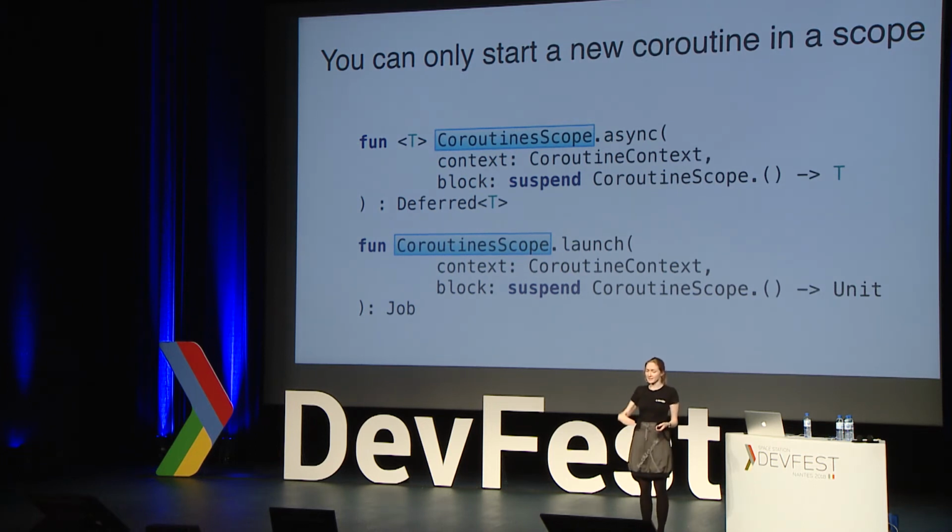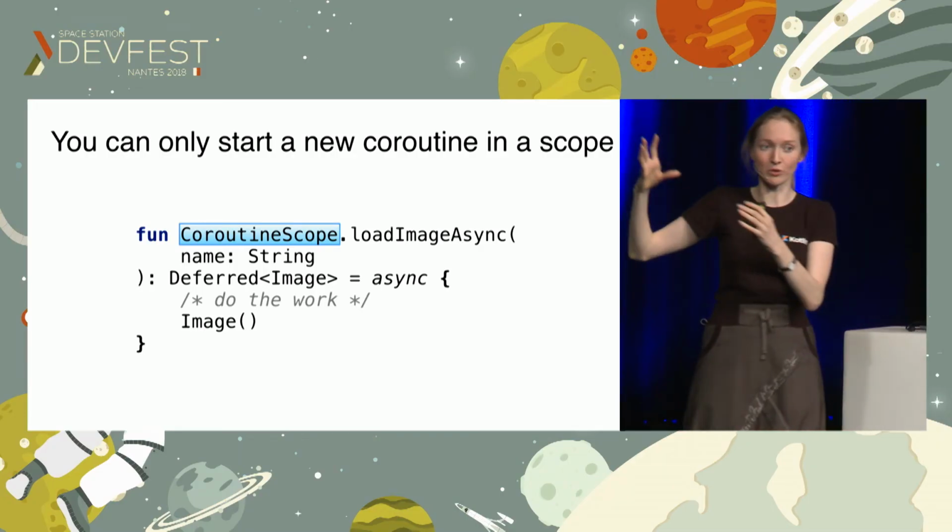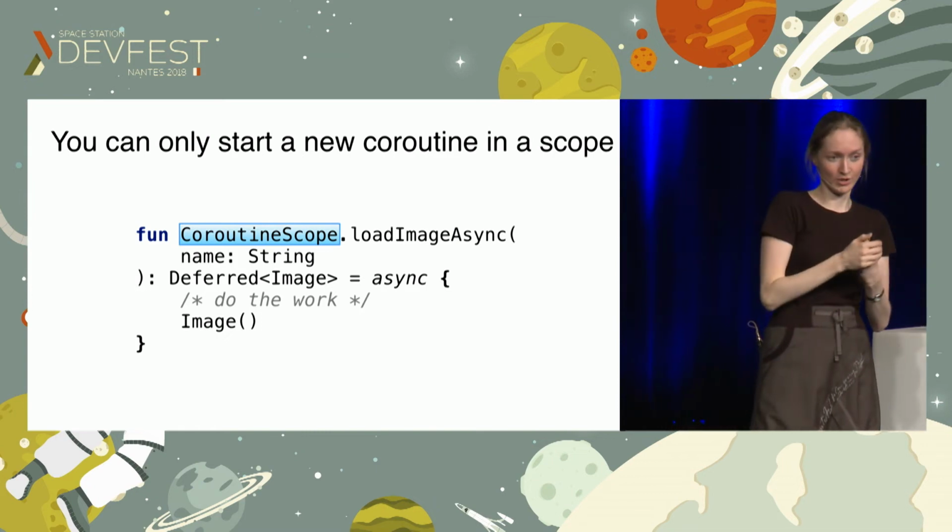So the difference is that now your coroutines are always bound, always connected with the scope. Whenever you want to start a new coroutine somewhere, in some other thread, some new asynchronous computation, you have to explicitly define the function that starts a new coroutine as an extension on coroutine scope.